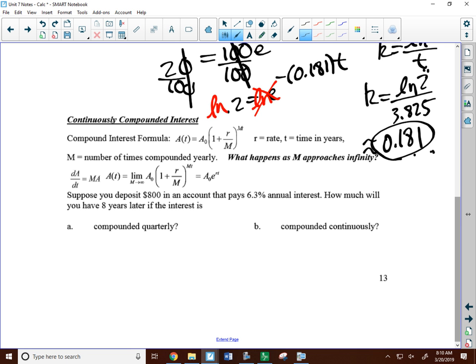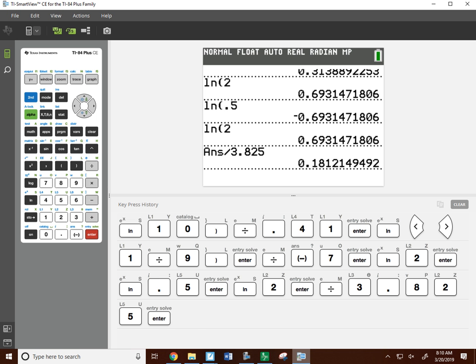So let's say I got ln 0.2, and then this is all that's left, and I'll be dividing by negative 0.181. I just put that in, and that'll be the time.